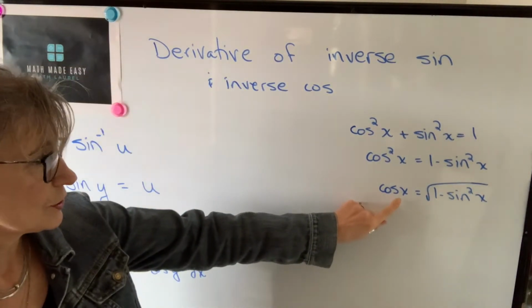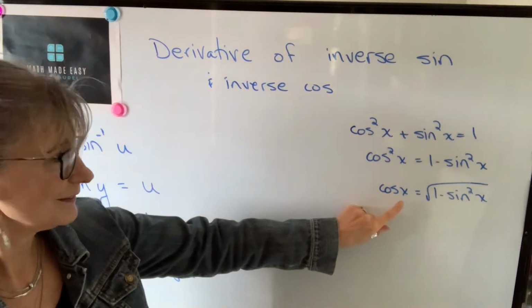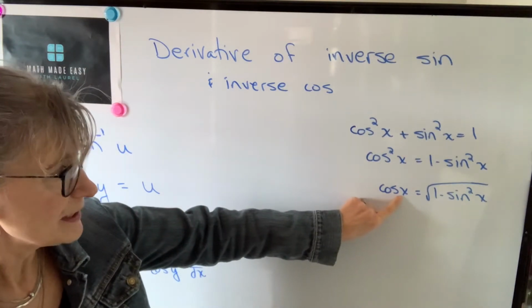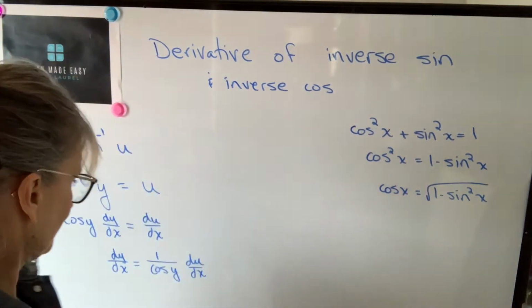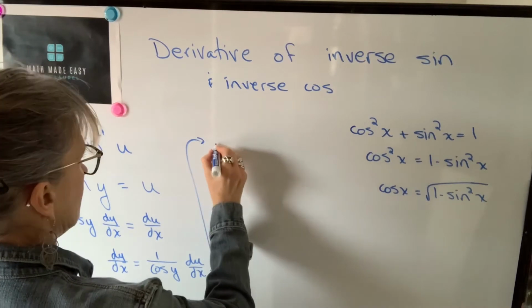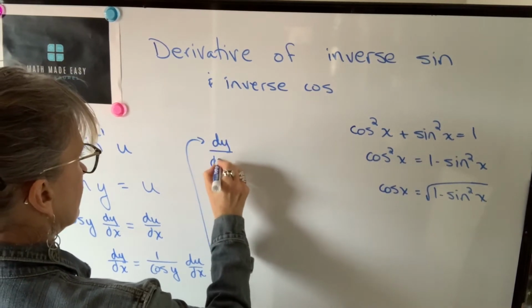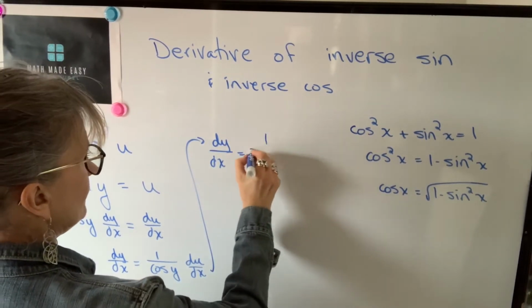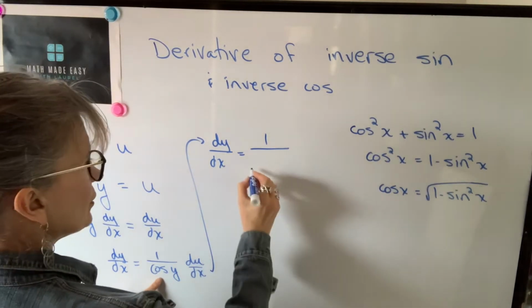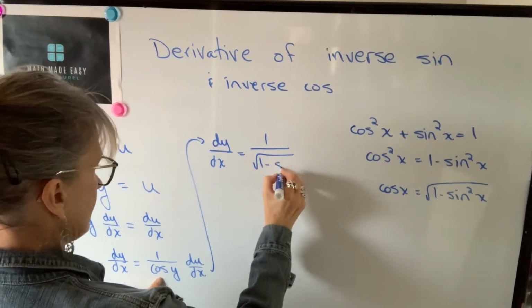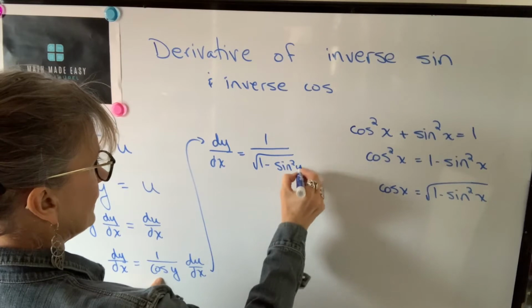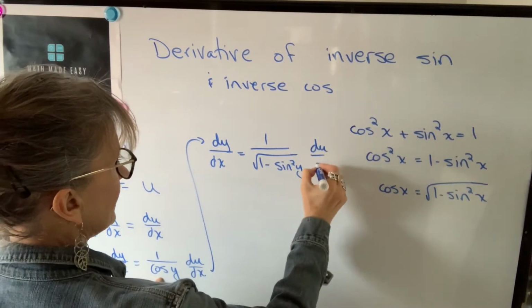So what I'm going to do, and you'll see why in a minute, just hang in there with me, I'm going to replace cos of x with this. So dy dx will equal, instead of cos of y, I'm going to write it as square root of 1 minus sine squared y, du dx.